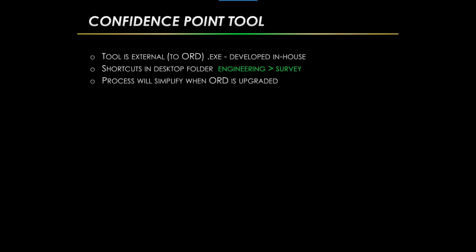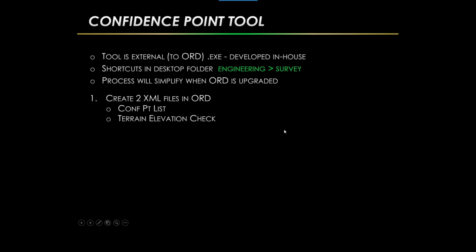They have made improvements to the tool in ORD that we'll be using, and we will be able to generate the reports directly from ORD without using the external exe file. But we have to get to the point where we've got everything set up before that upgrade can happen.